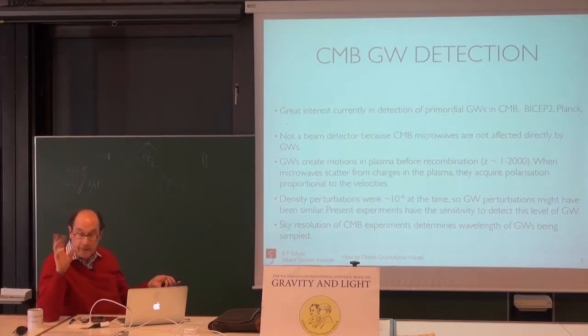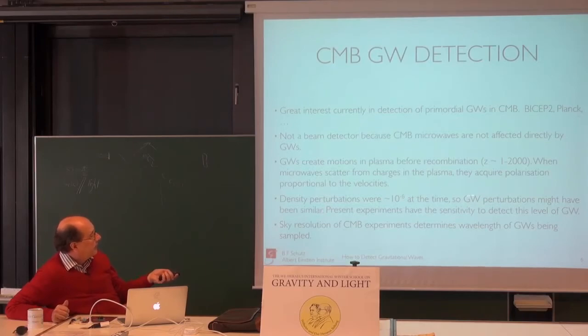That's all these nice little fluctuations in these wonderful diagrams that come out of CMB observations. So the gravitational wave perturbations might have had a similar amplitude, and BICEP 2 is an experiment that would allow the detection of gravitational waves at that sort of amplitude if they were there.